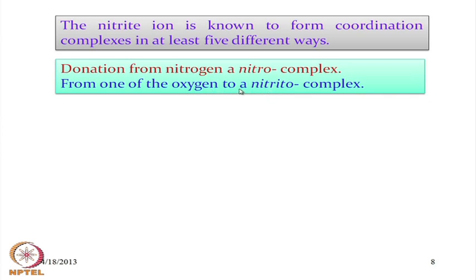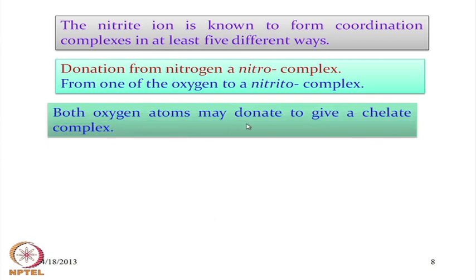So, 2 different complexes we can have, and like thiocyanate, where we have seen that thiocyanate can bind through sulfur and through nitrogen, here also it can bind through nitrogen and oxygen. So, even in the solid state, the color of the compounds will be different, and they show that they can function with ambidentate nature of the ligand. So, ambidentate binding means 2 different donor atoms are present and one of them is utilized in one case and the other in the other case for binding to the metal center.